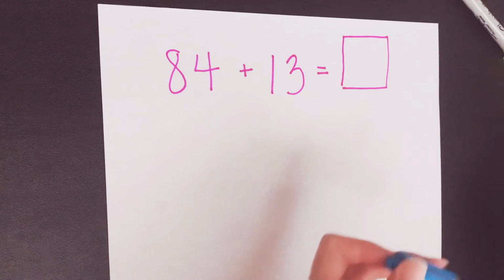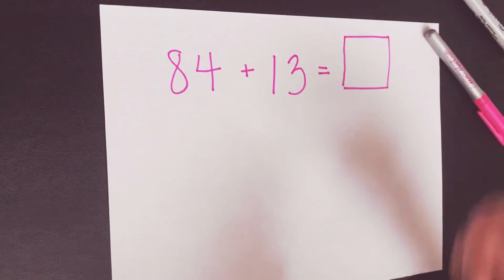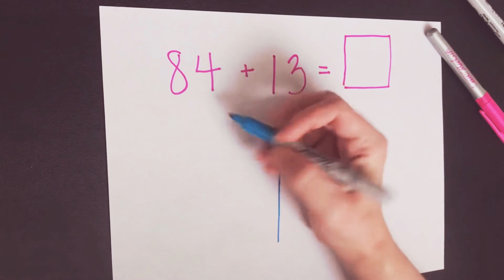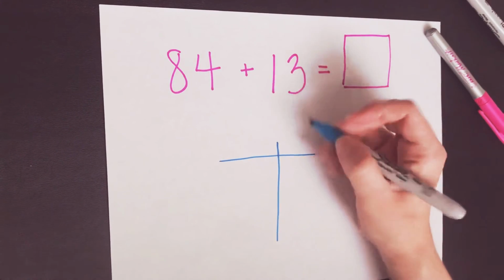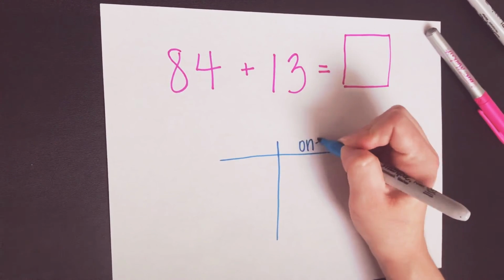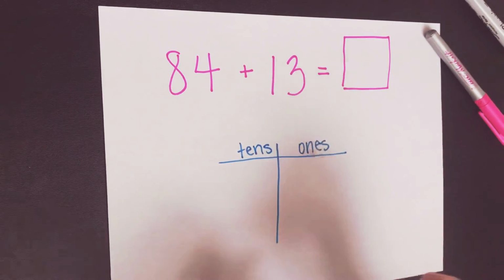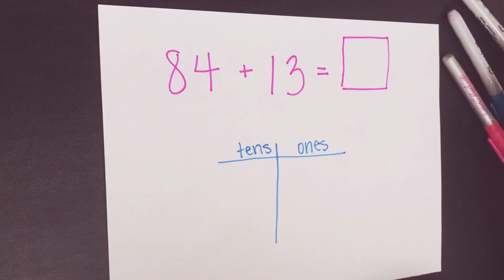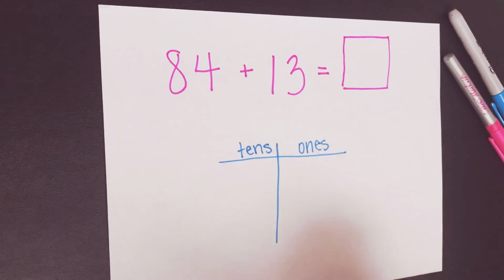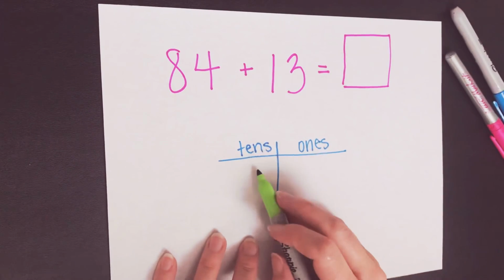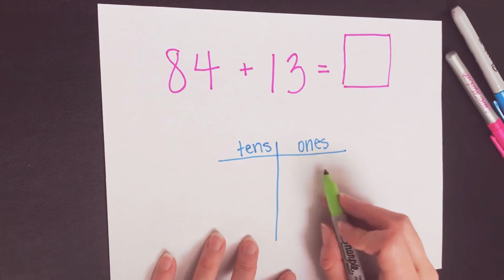Well, I could go ahead and make my place value chart, and I think I'm just going to draw one this time, and I'm going to do my 1's place over here, and my 10's place over here, and I'm just going to draw my numbers because it gets less confusing that way. Like I'm going to draw the base 10 blocks. So 84, that means I'm going to have 8 10's over here and 4 1's.